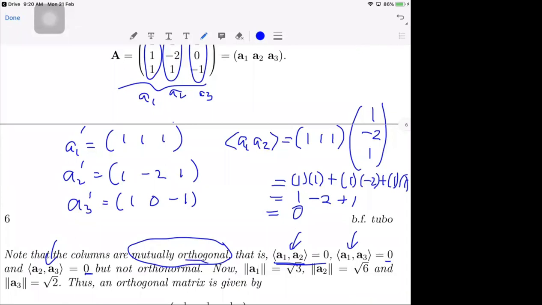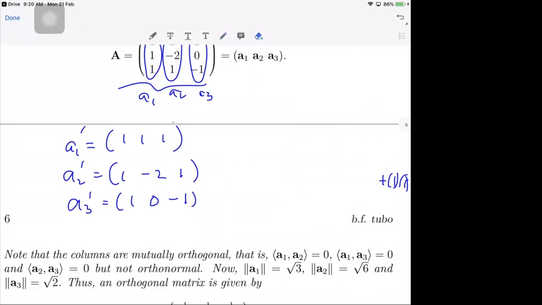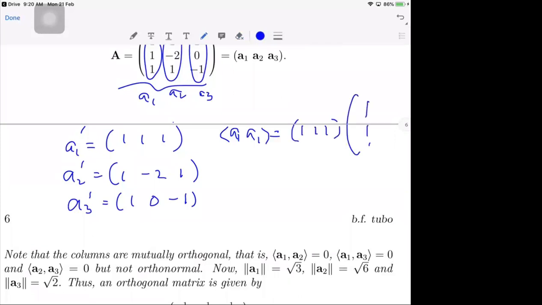But it's not orthonormal because when you get the inner product of A1 on itself, it's not this. This is the length. So if you get the inner product of itself, say A1, which is just 1, 1, 1 and 1, 1, 1, that is not equal to 1.